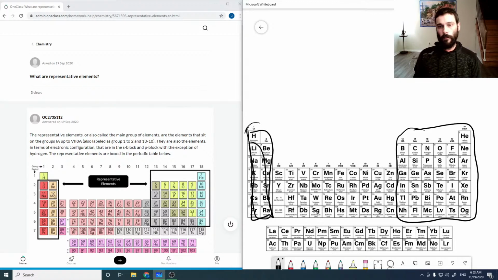And usually when I'm talking about main group elements, really just talking about the top few. But it technically includes the whole block. But of these main group elements, the top few are the most abundant, would have been the first to be discovered, and would have been the starter to the periodic table as we see it today.